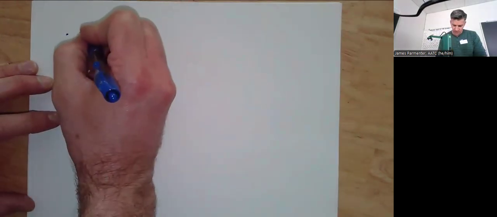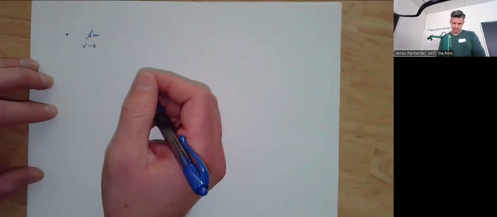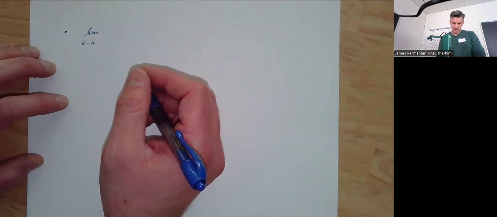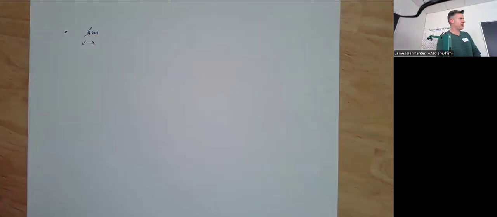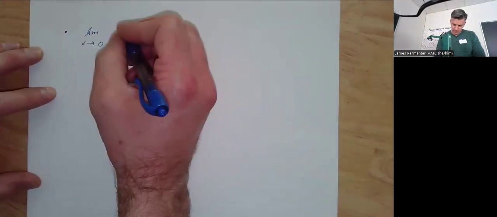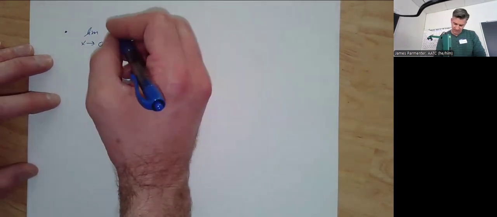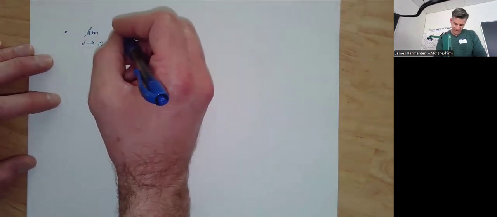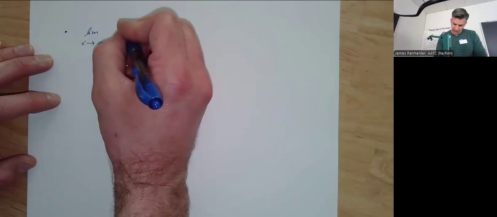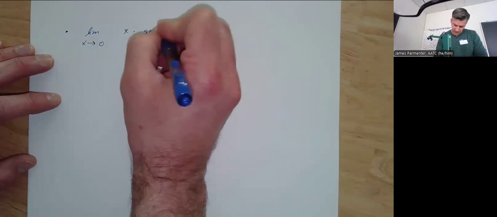So, for example, the limit as x approaches 0 of x times sine of 1 over x, which I think we talked about last class.